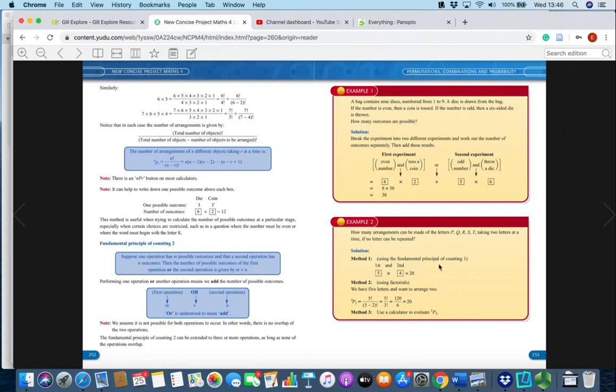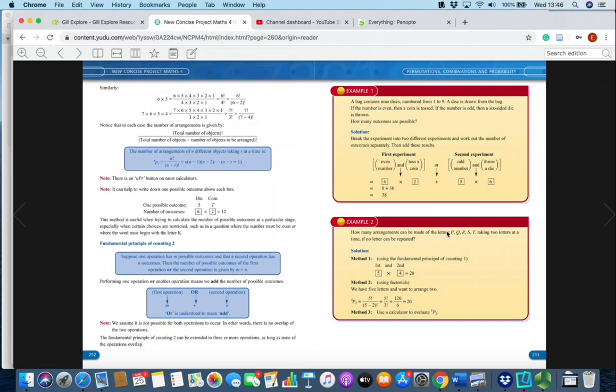The first way will be much easier to sum, in that for that first letter I have 5 different options, P, Q, R, S and T. Okay, I can't repeat any of the letters, so one of the letters is fixed there. So for my second letter I'm down to 4 options. So there's 20 different arrangements that can be made taking 2 letters at a time from P, Q, R, S and T.